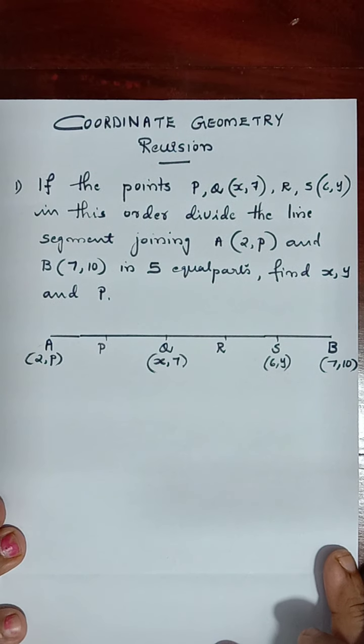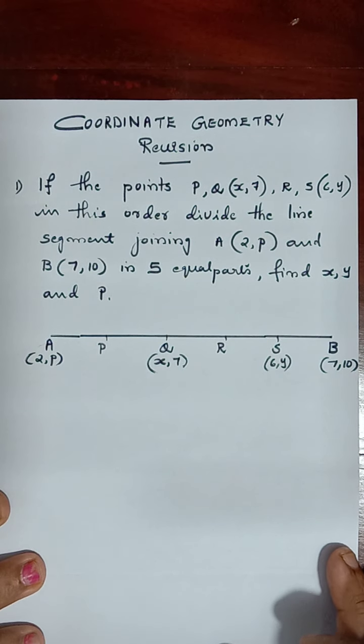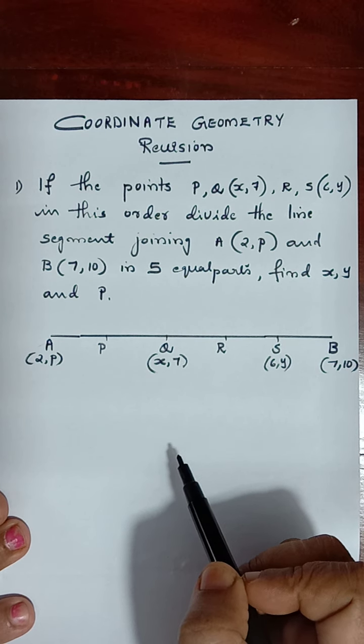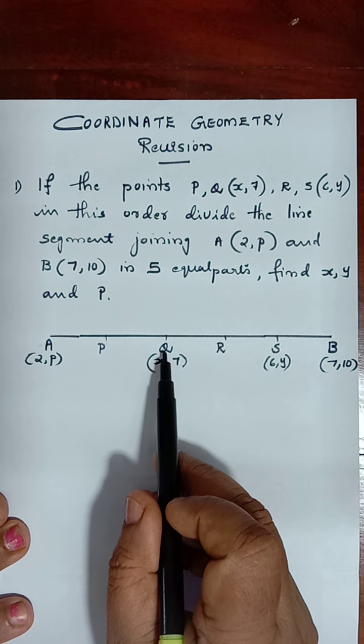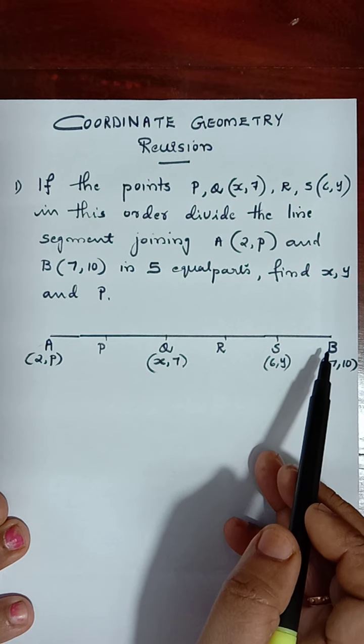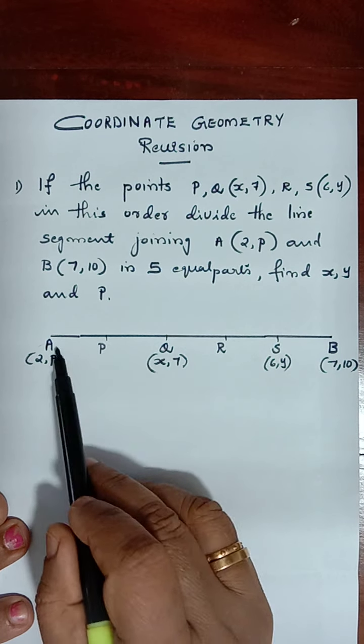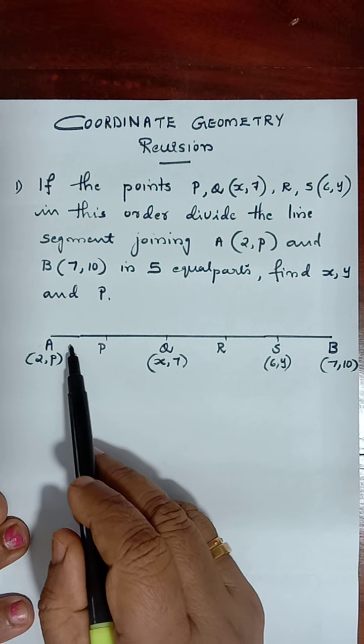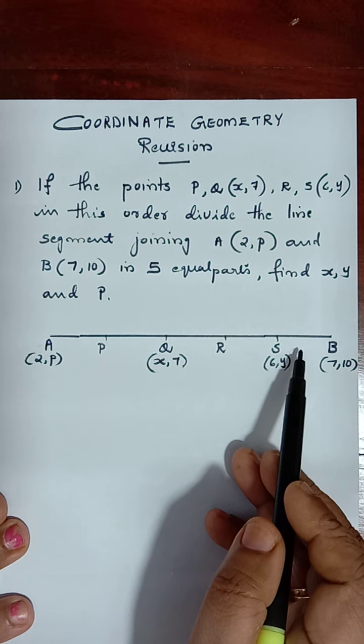From this figure we will know the relation, how the line is intersected by each point Q, S, etc. When we consider the point Q, for the line AB, Q is dividing AB into 2 parts and 3 parts. Here you can see 2 parts and here we have 3 parts.